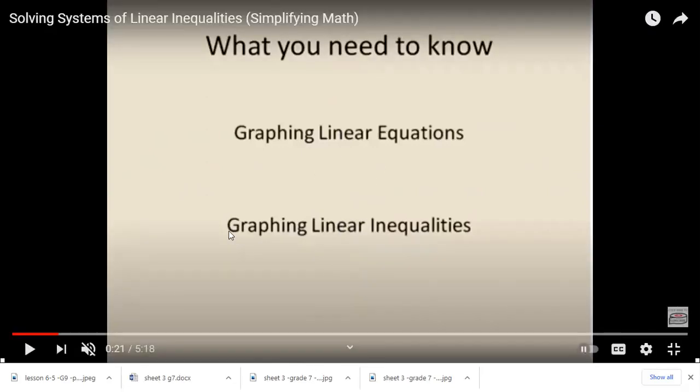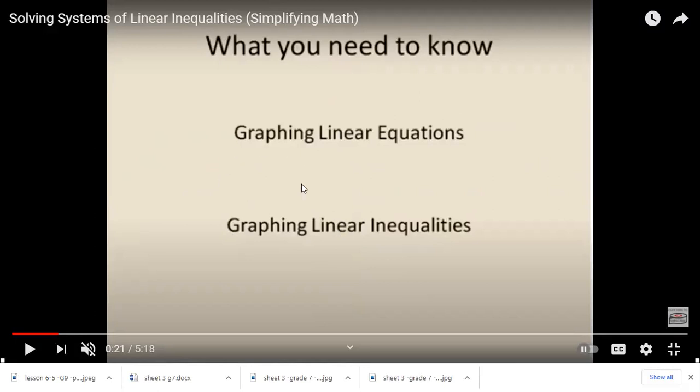To find a region. Yes, Nihad? To find an ordered pair that satisfies the two inequalities. Yes, we are going to find an ordered pair, or more than one ordered pair, which will satisfy both inequalities together.